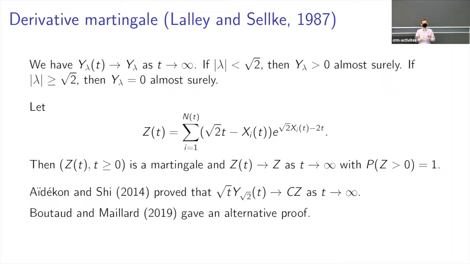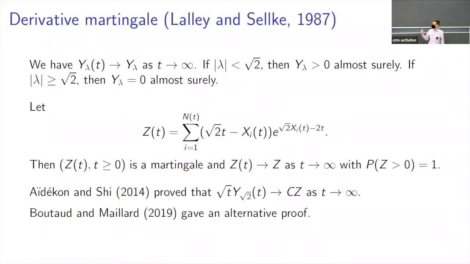And it has to be a random limit because, for example, if the initial particle quickly branches into 2, then Z has to, on average, be twice as large as it would be otherwise. So Z there is a random limit, but after a while, we have enough particles that we do start to get law of large numbers type behavior, and as a result, the derivative martingale will settle down to a limit.